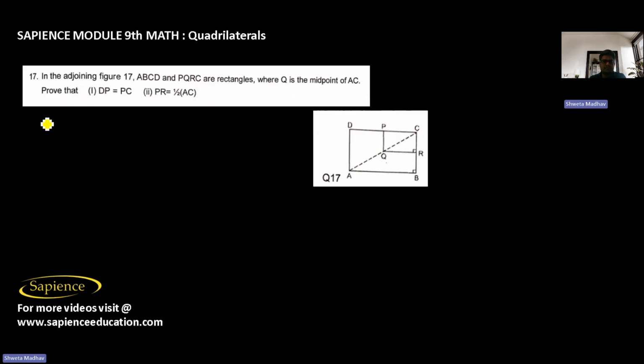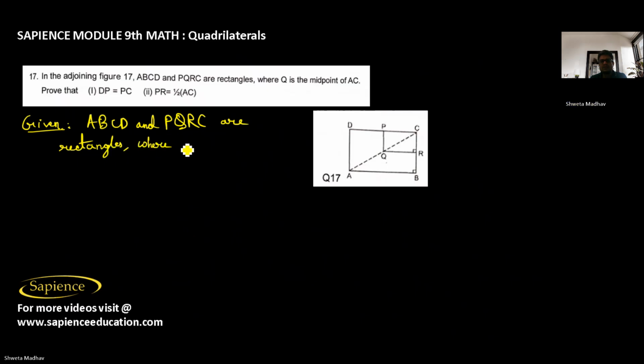Here it is given that ABCD and PQRC are rectangles, where Q is the midpoint of AC.